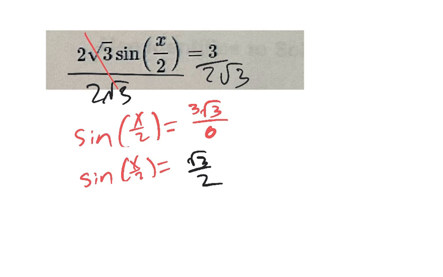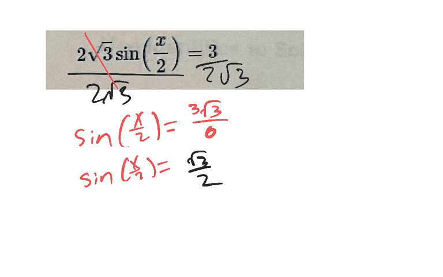I multiply by radical 3 on top and bottom of my ratio, because radical 3 over radical 3 is just 1. So multiplying by 1 didn't change anything. I just changed the form. So if you multiply by radical 3 on bottom and top, that cancels the radical 3 and makes it 3.